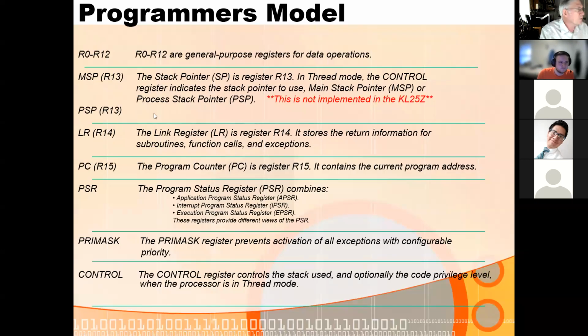So here's the programmer's model. We have 13, which is kind of a strange number. There are 13 general purpose registers. 8 of them, 0 through 7, are called the low registers. And these are the generally available general purpose registers. So all the instructions can get to R0 through R7.